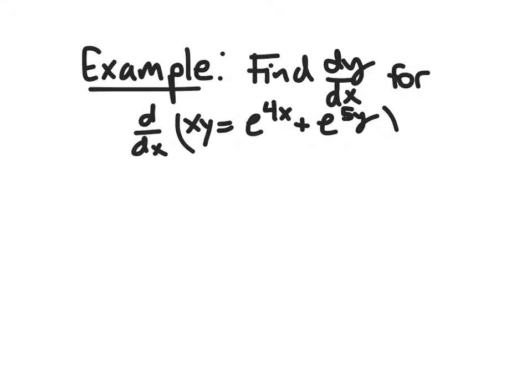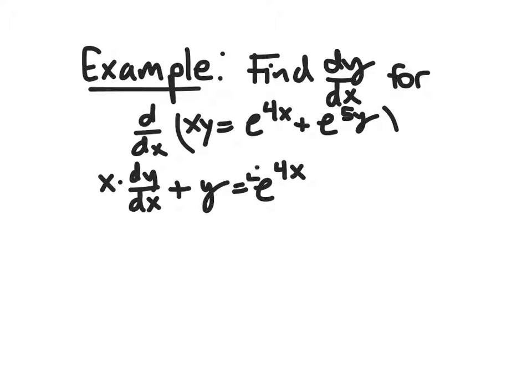Now if we have xy here, we need to use the product rule, right? We have a product of things. So we'll have x times, so original x, times derivative of y, which is just dy/dx, plus derivative of x, which is 1, times y, equals, so derivative of e to the 4x, well, this is a chain rule, right? We have 4x as our inside function, so when we take the derivative of e to the whatever, we get e to that, so we're going to have e to the 4x, and then times 4 because that's the derivative of 4x.